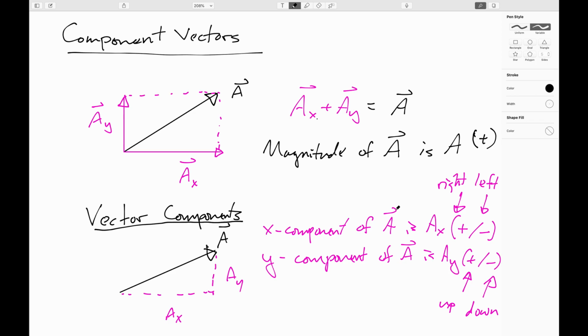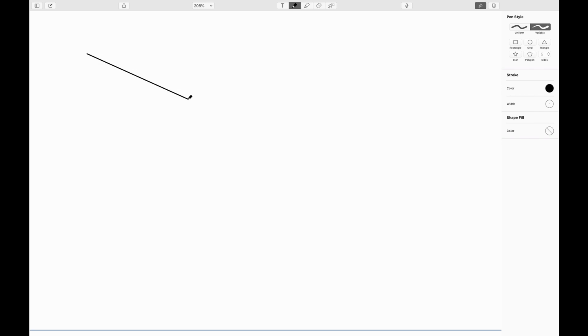So we've been working so far just in magnitudes and directions. And so now we might need to find components for our vectors. So let's say this is my vector B. Let's say it's a displacement. Let's say its magnitude is 10 meters.